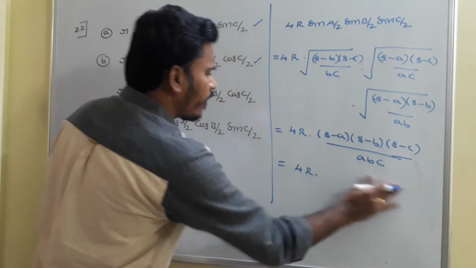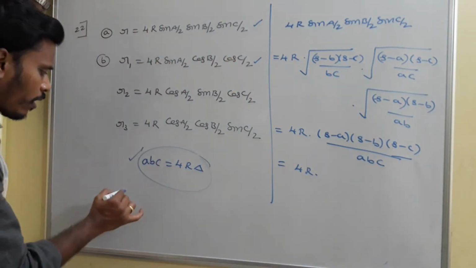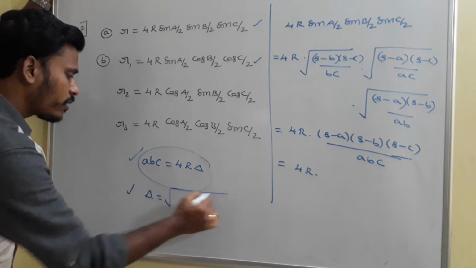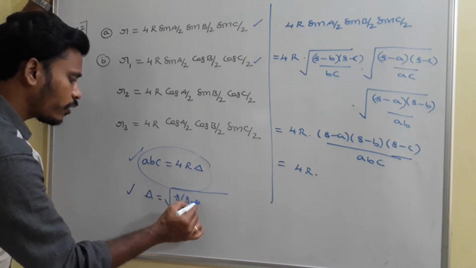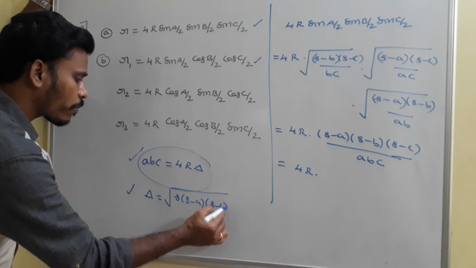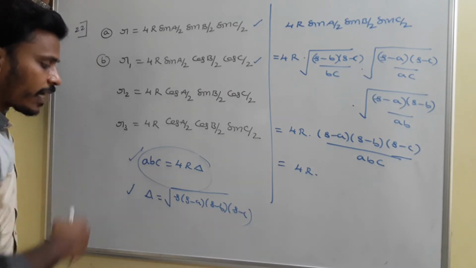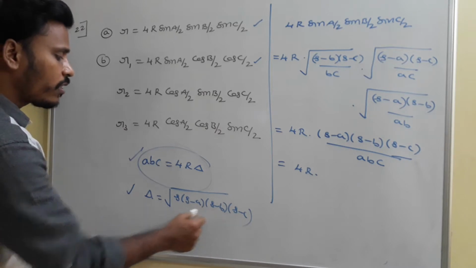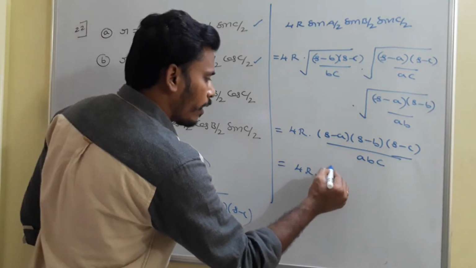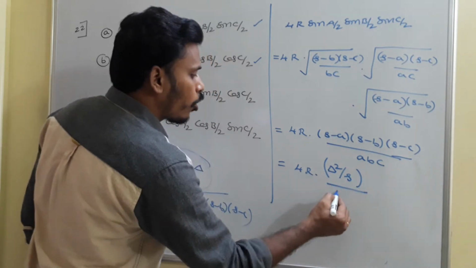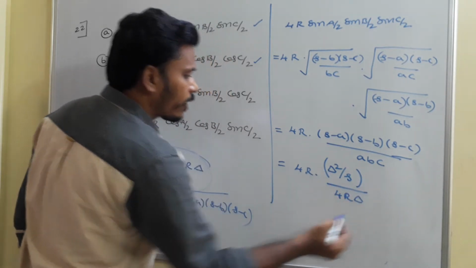I will rewrite this numerator also. Along with abc equals 4R delta, another formula is delta equals the square root of s(s minus a)(s minus b)(s minus c). From the second statement, the product of these three terms is simply delta square divided by s. That's the numerator, and the denominator is 4R delta.